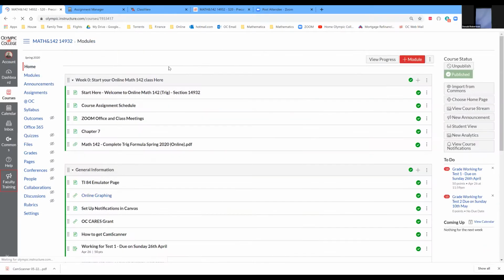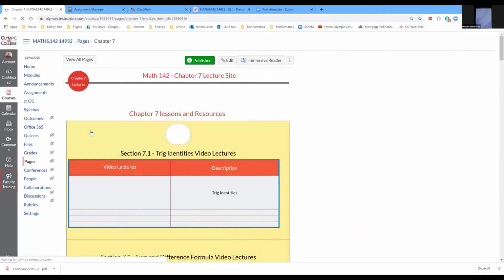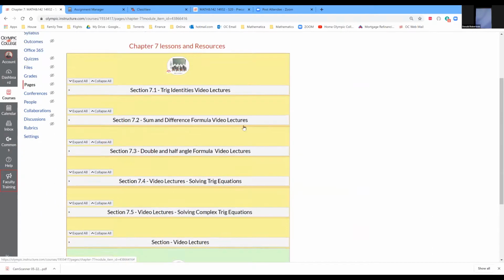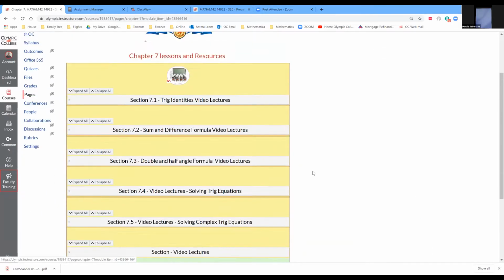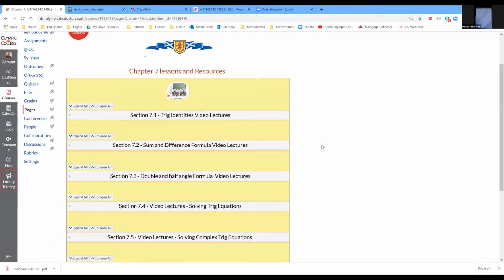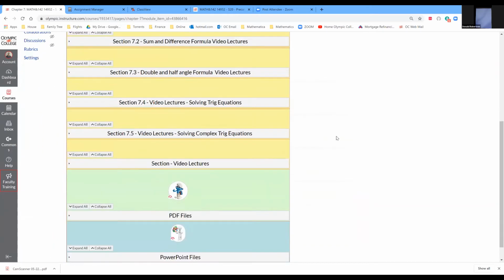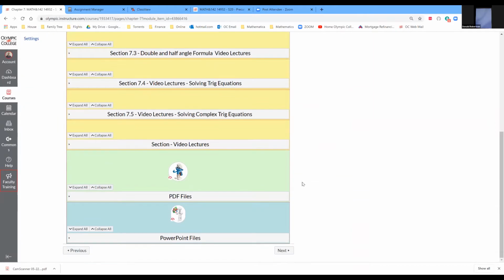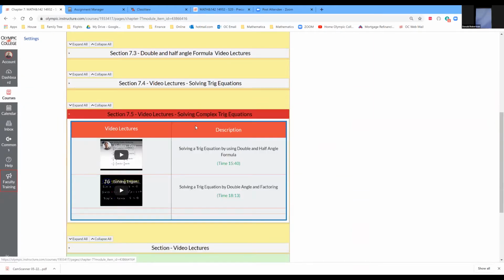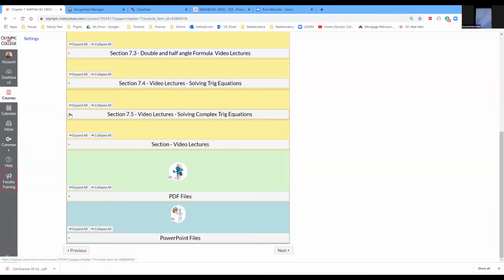Second place that you'll find some good resources is Chapter 7, for instance, and then you can go down and there's a similar one for the earlier chapters as we went through those. So let's look at this one here. If you click on this, you'll see a list of some videos. So you'll find some there.